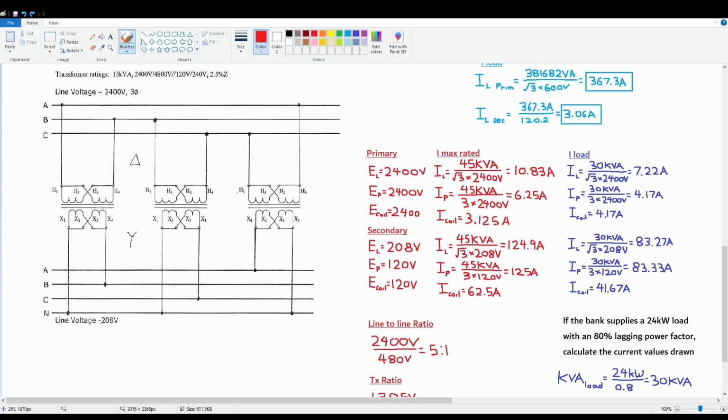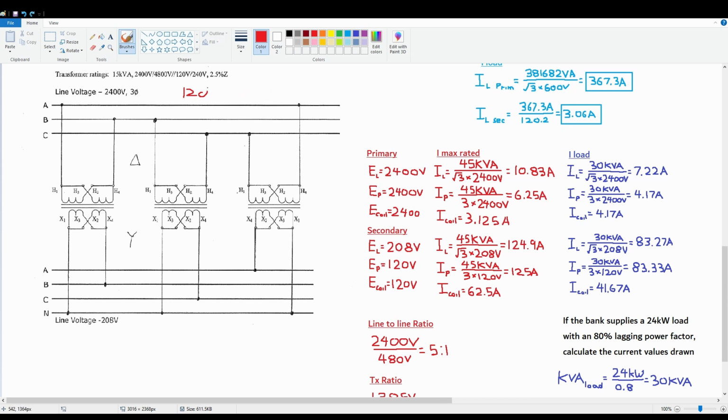Alright, now we go to the secondary side. We have 208 volts we need. And here are our windings, a dual winding setting here. It's going to be 120 volts and 240. We're going to use 120 because if we do 120 times root 3, that gives us 208.